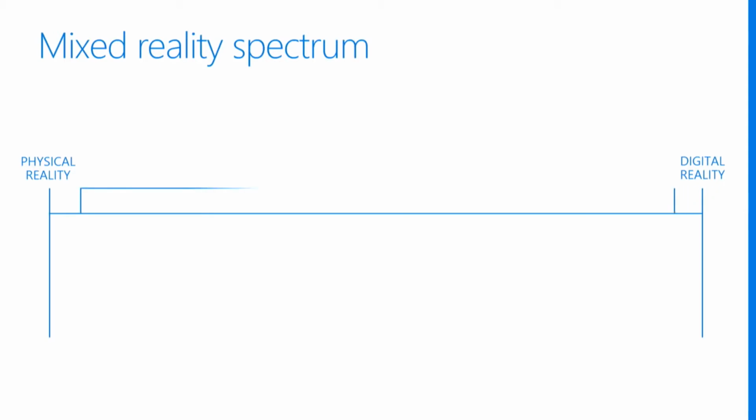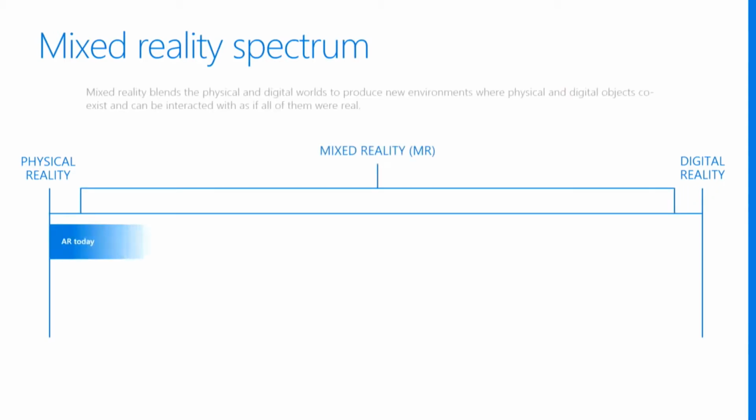We can mix it all together and create our mixed reality. Now we have augmented reality experiences and virtual reality experiences, and I guess some of you already tried those kinds of applications. But mixed reality is a superset of this set of experiences.